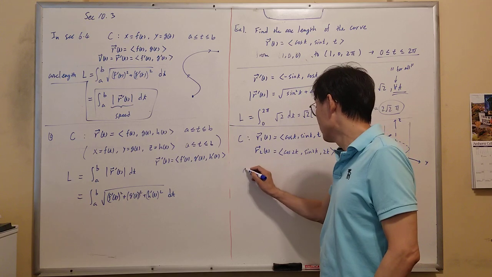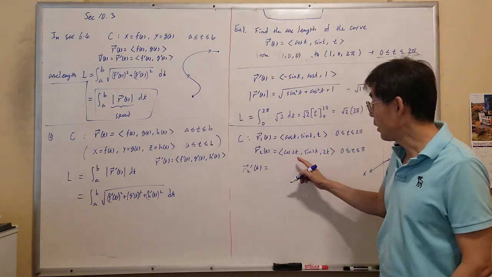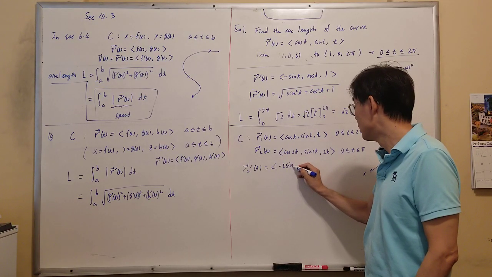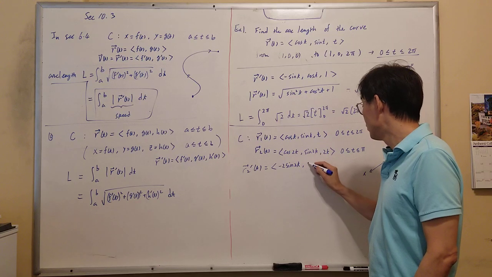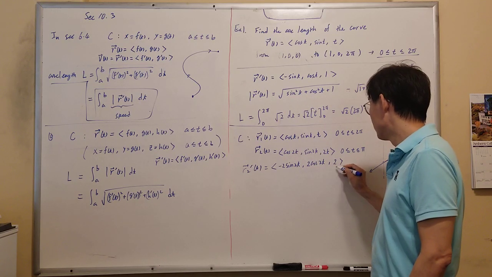With R2 prime, you have to use the chain rule: minus sine 2t times 2, 2 times cosine of 2t, and 2.